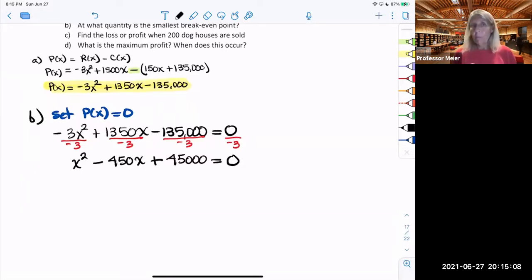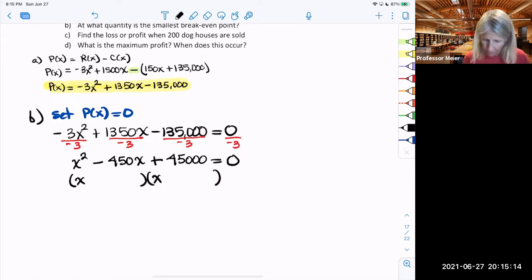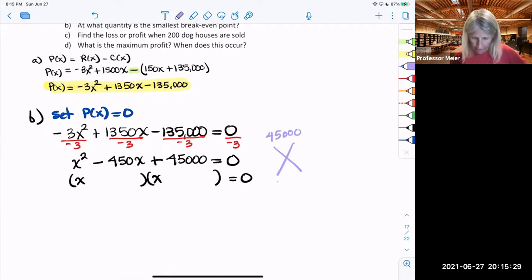I'm going to help you out a little bit and tell you that this does factor. But again, if you don't figure out that it factors, you jump to the quadratic formula. Right, so x and x, I'm looking for a pair of numbers that multiply and make 45,000. So my thinking would be this, okay, what multiplies and makes 45,000? I know that's so big, and adds up to -450.